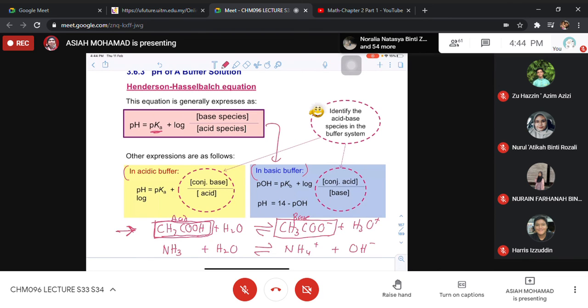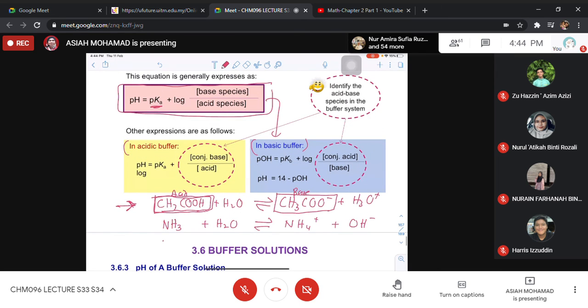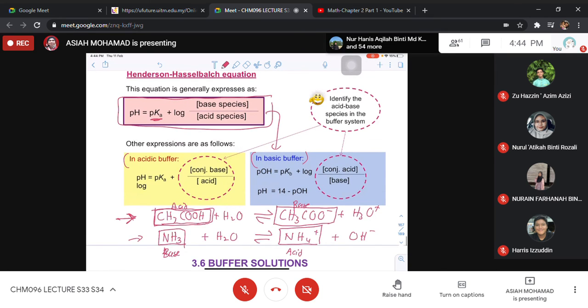If you want to use the same Henderson-Hasselbalch formula for this basic buffer, you just have to know that this is the base in your buffer system and this is your acid. NH4 plus is the conjugate acid of ammonia, NH3. So pH is equal to pKa, and you need to find pKa for the acid. So you need to find the Ka for NH4 plus to convert to pKa.